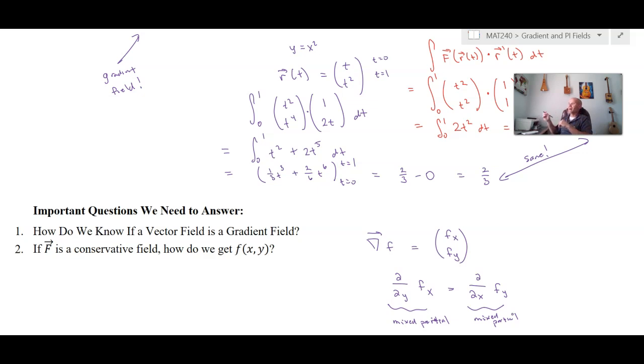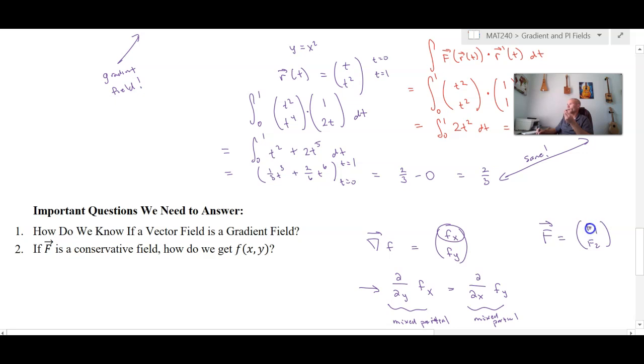So one way to tell if something is a gradient field is this will be a true statement. If we take this first component, so let me just in general call this vector field f. We'll call this component here f1, and we'll call this component here f2. Because not every vector field is going to be a gradient field.